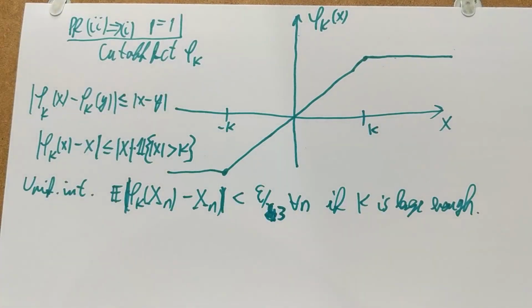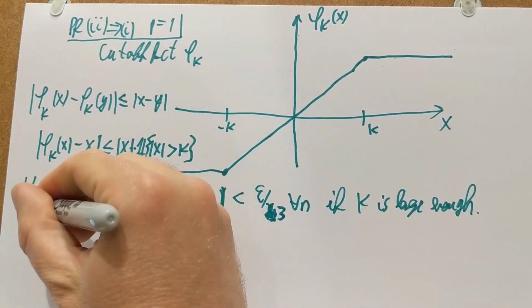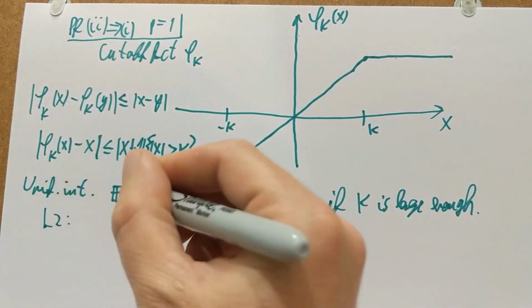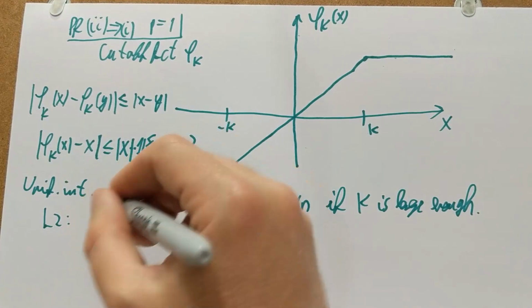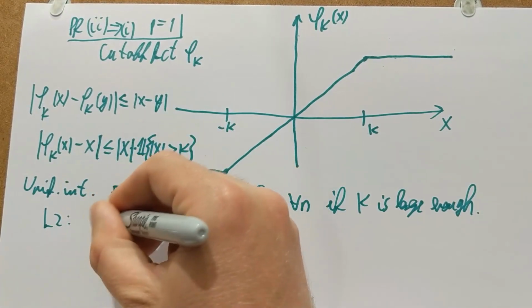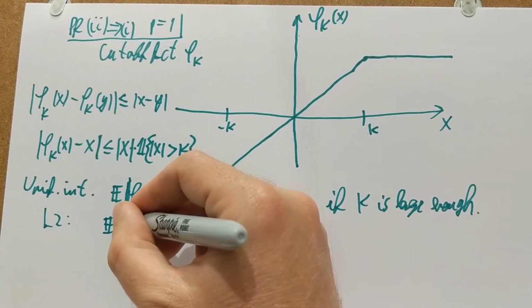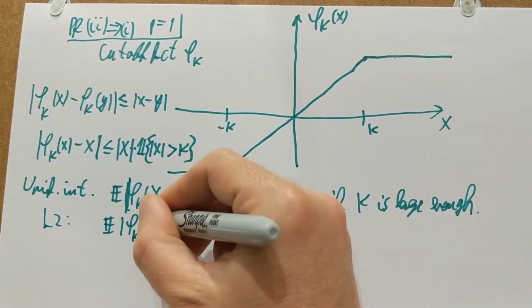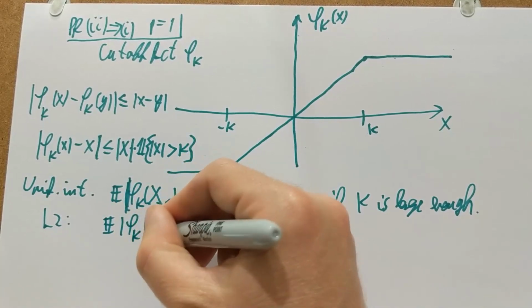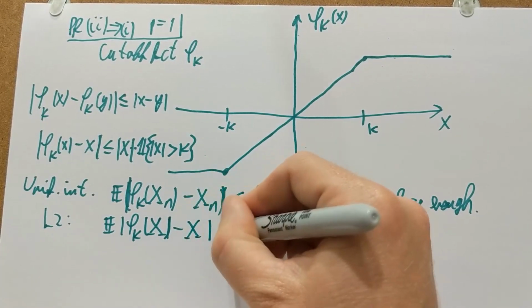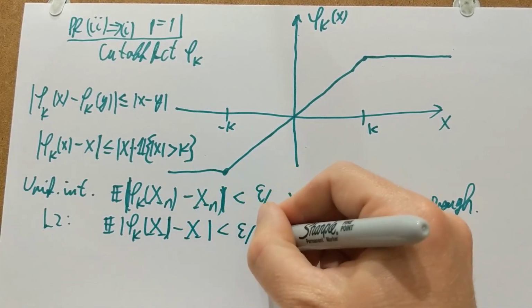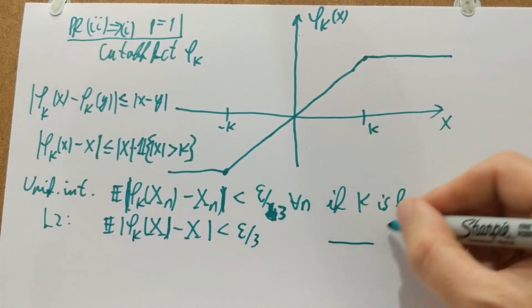So lemma 2 tells me that there is a k large enough so that if I take the similar thing on X, the limiting variable, rather than Xn, then this can be made smaller than epsilon over 3, again if k is large enough.